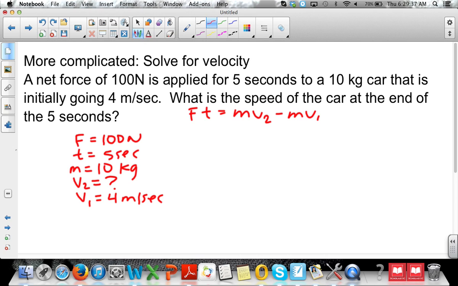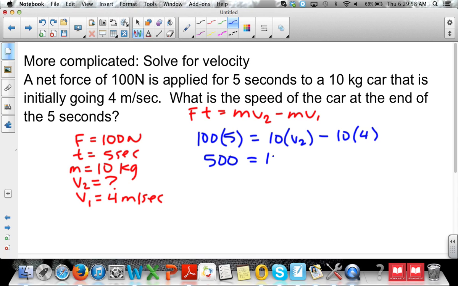Okay. So go plug all that stuff in. I've got 100 times 5. Okay. So I'm going to go simplify everything I can simplify. I have 100 times 5, that's 500. I have 10 V2. I can't really do anything with that yet. And I have 10 times 4, which is minus 40 here.